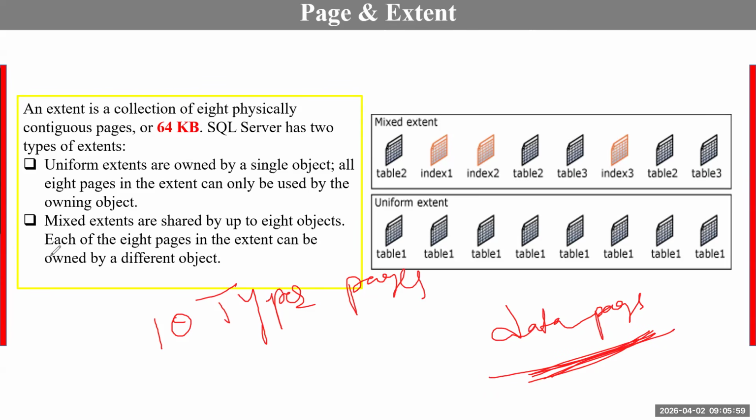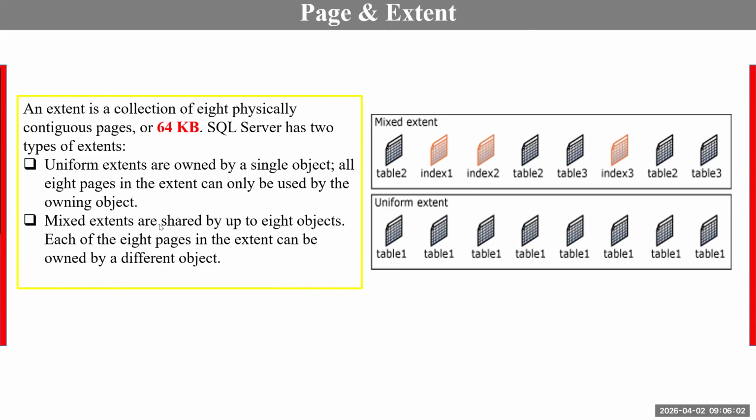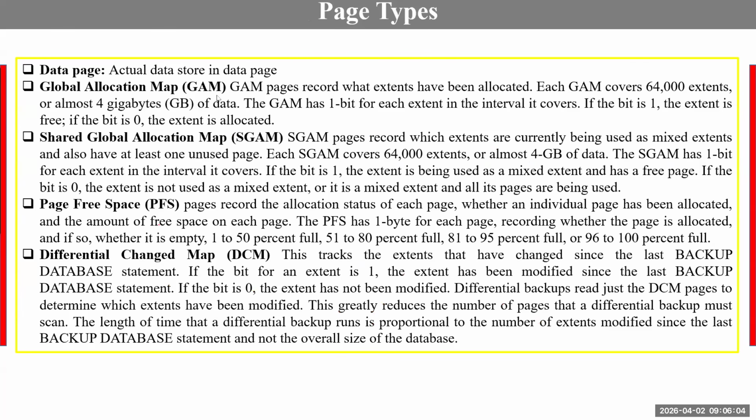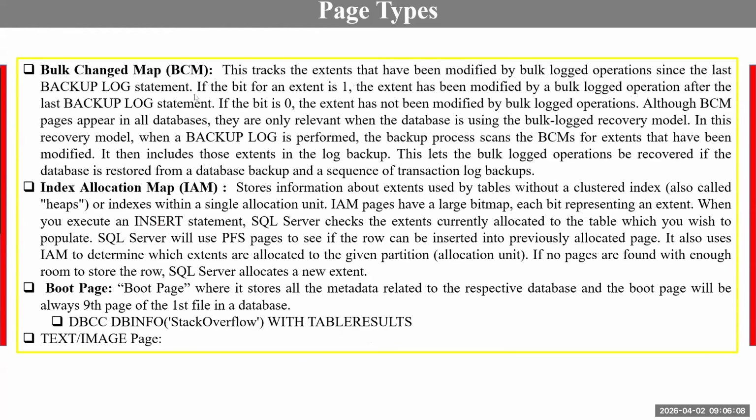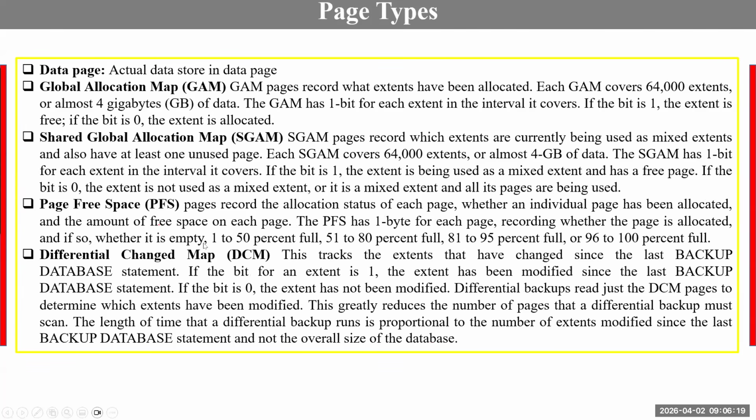What about the remaining 9 pages? GAM page, SGAM page, PFS page, DCM page, BCM page, IAM page, boot page, text page, image page. So overall 10 different pages are available in SQL Server.